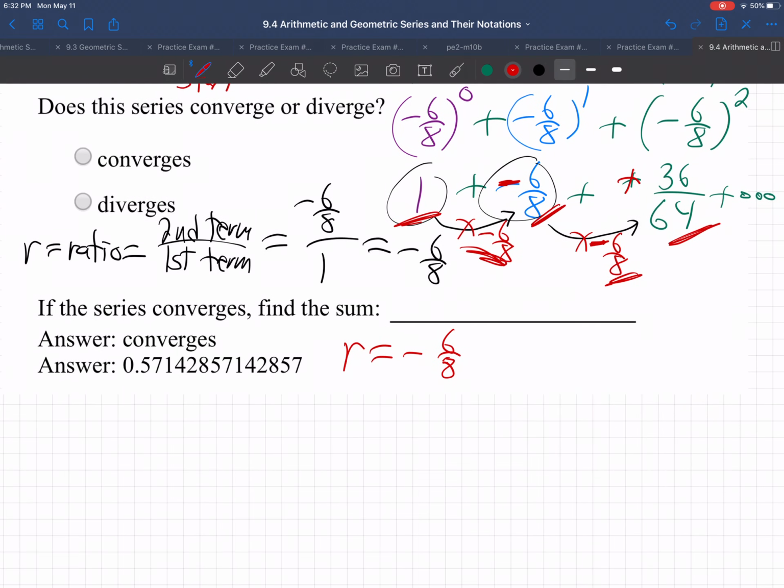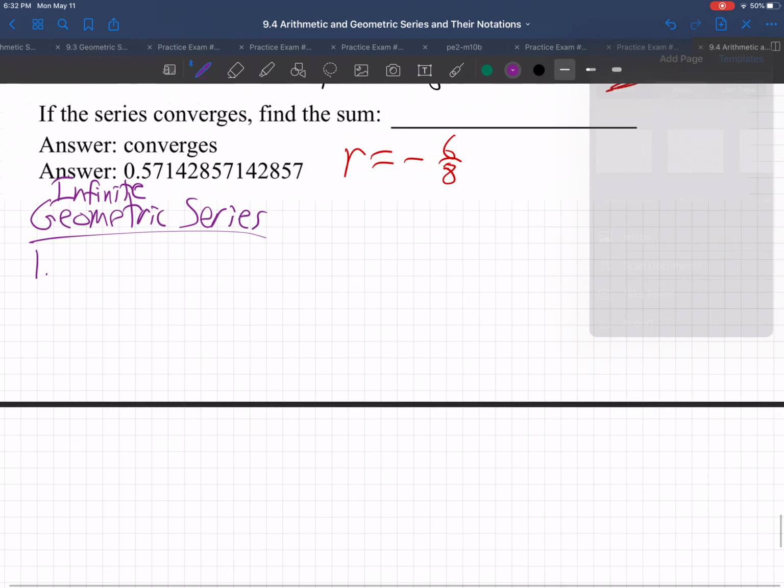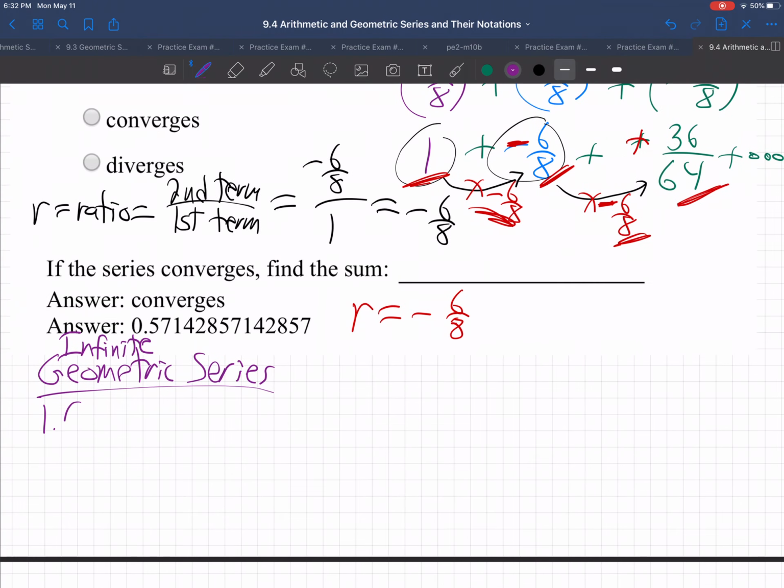So now, it's important to determine whether it converges or diverges. We have to answer the following question. For a geometric series, I should have said for an infinite geometric series, number 1, it converges, meaning it has a finite sum.